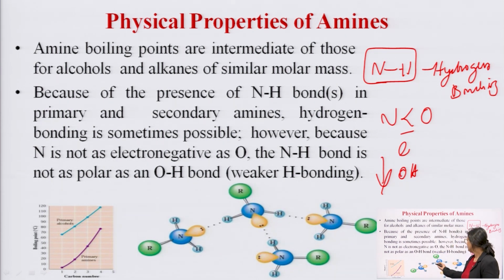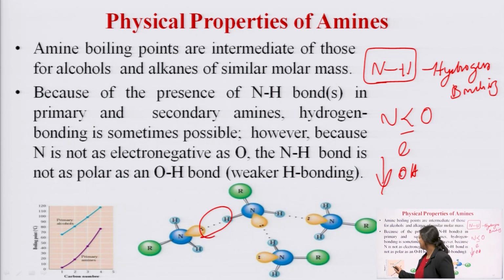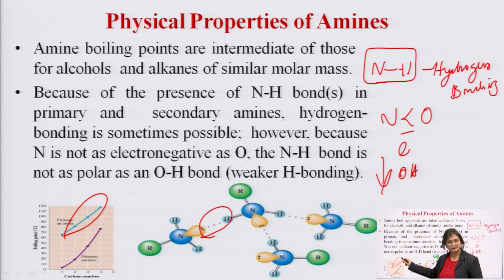Here if you see, it does form hydrogen bonding, but the intensity of hydrogen bonding is lesser. The boiling point of primary alcohol is much higher when compared to that of primary amines of similar molecular weight or similar carbon number. It is due to the lower electronegative potential of nitrogen when compared to oxygen.